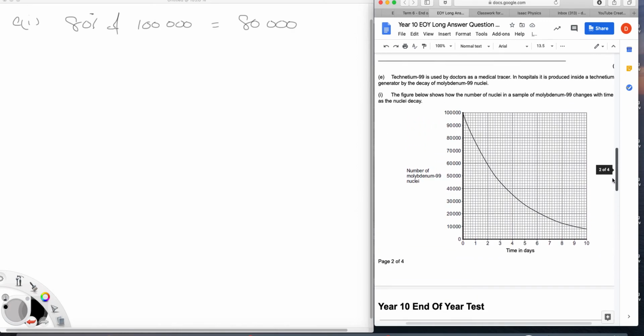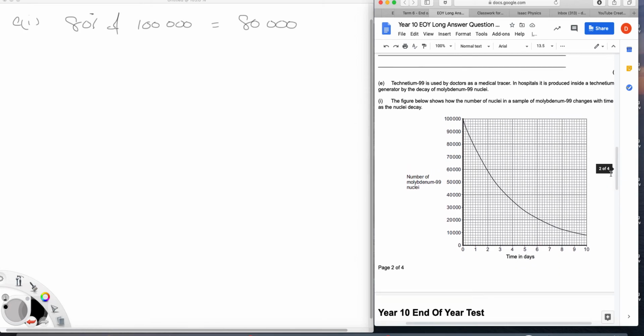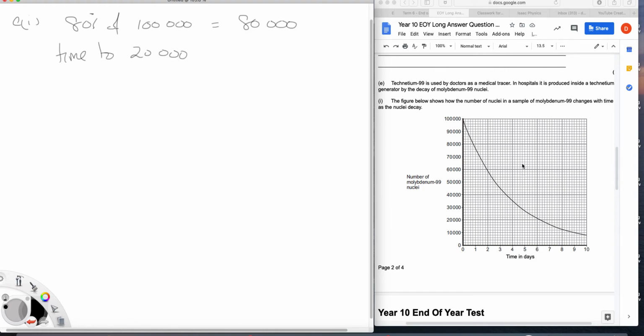After 80% is decayed, so we're looking at the time to 20,000 nuclei. So if we look, 100,000, 20,000, that is 6.2 days, I reckon.